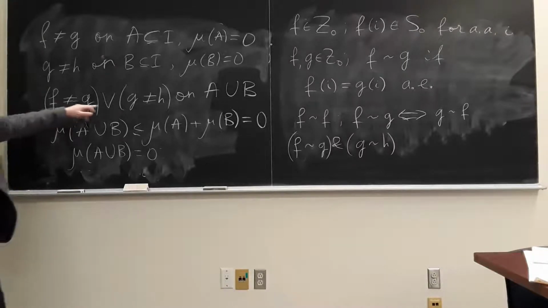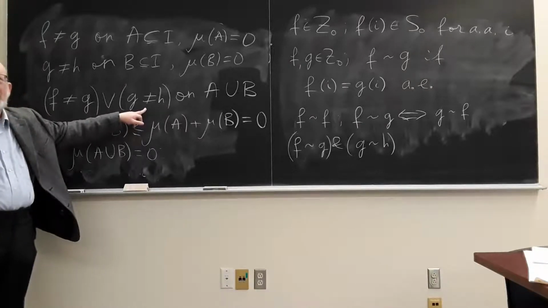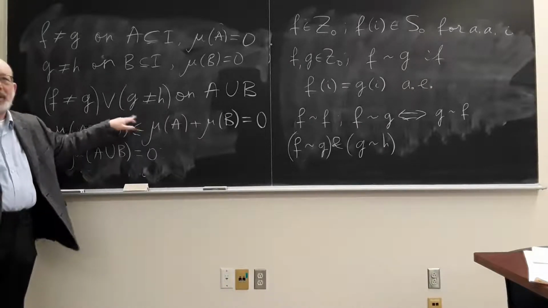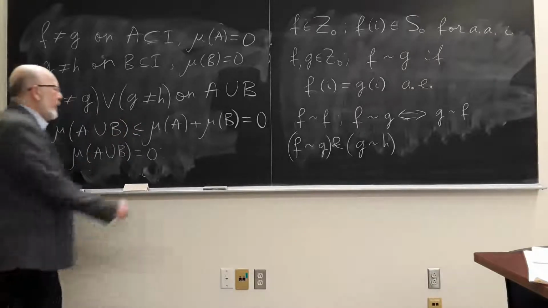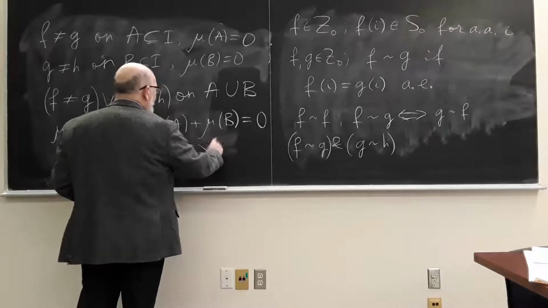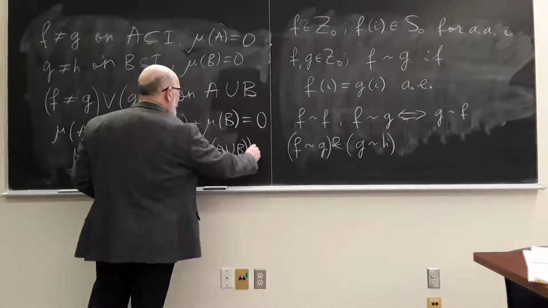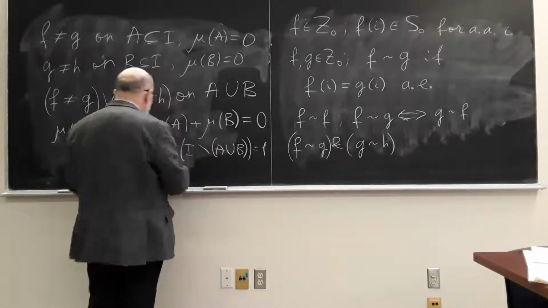So one of these inequalities holds on a set of measure 0, at least one of them. So the measure of I minus A union B is 1.